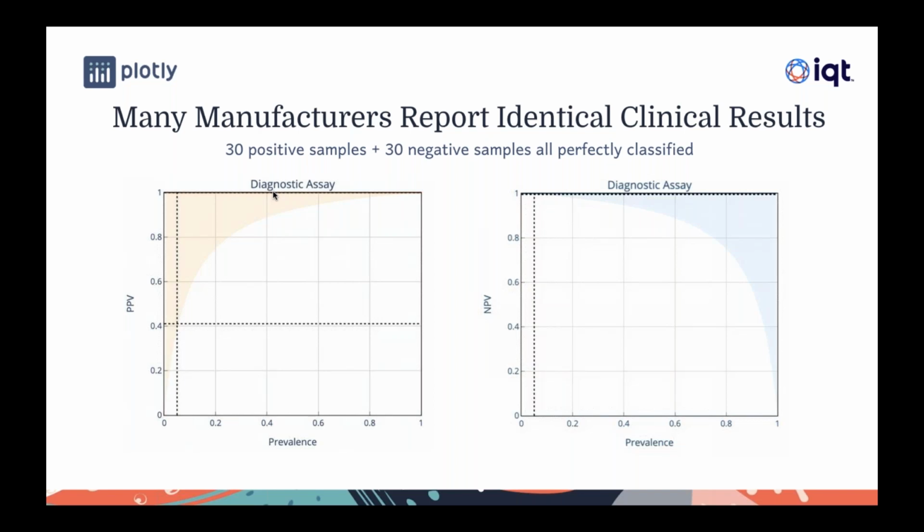Basically, what this means is that a lot of these tests, because they move so quickly, used small sample sizes, so just 30 positive samples, 30 negative samples, to try and calculate the clinical performance information of the test. Very small sample sizes. What you see here is that these most likely lines are basically at 1 all the way across, which means when they did that, it perfectly classified everything.